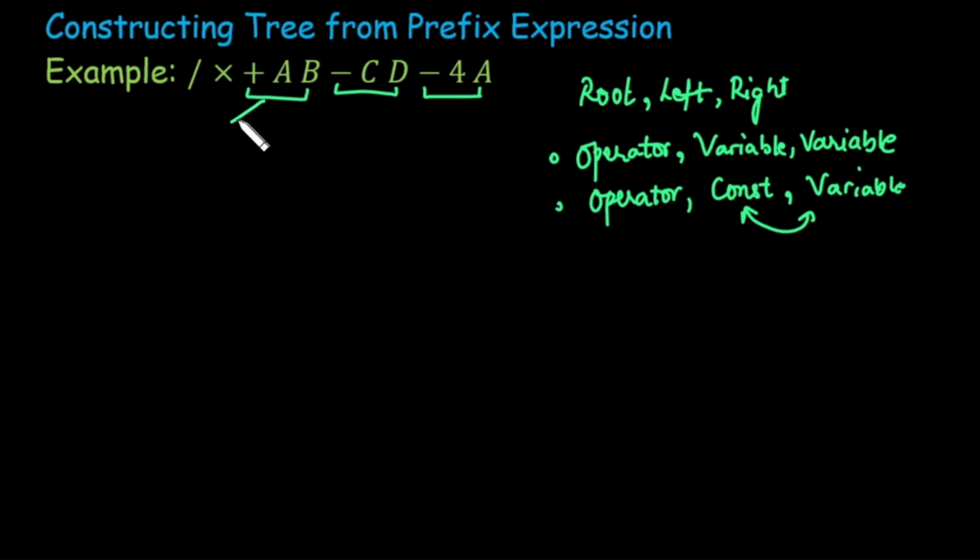So for the first case, root means plus, left is A, right is B. As per this one, root is subtraction, left is C and the right is D. For the next one, subtraction, left is 4, right is A. So we have covered these things.